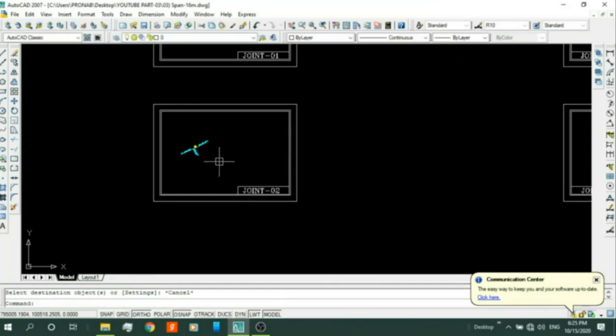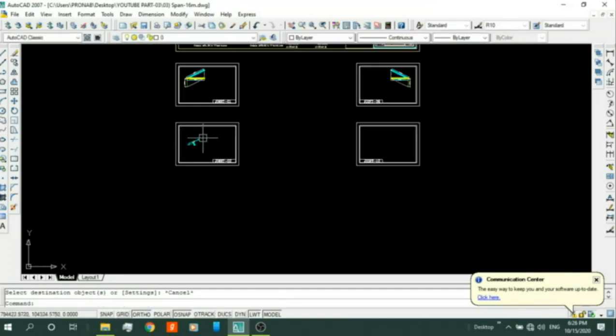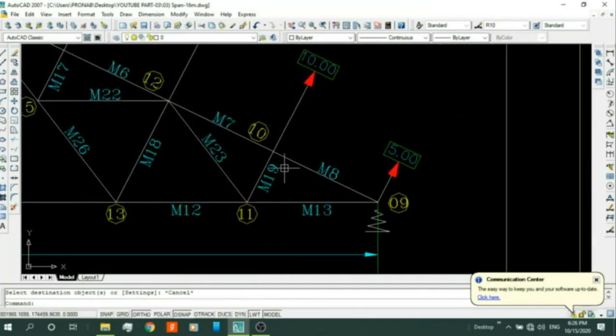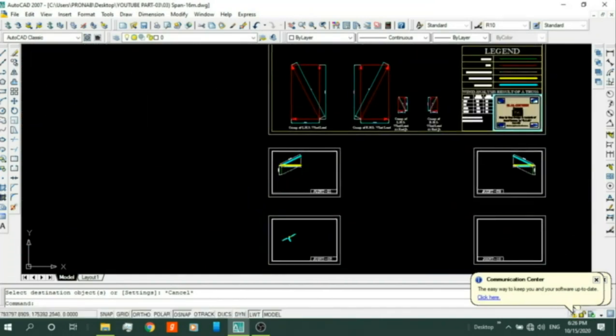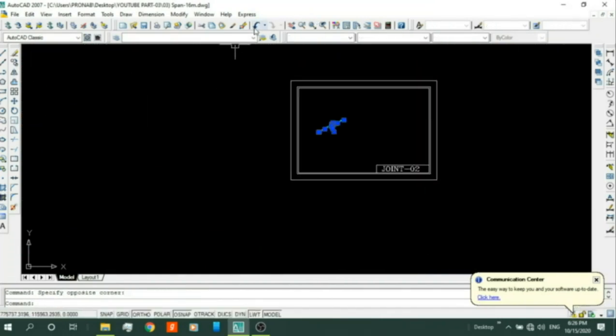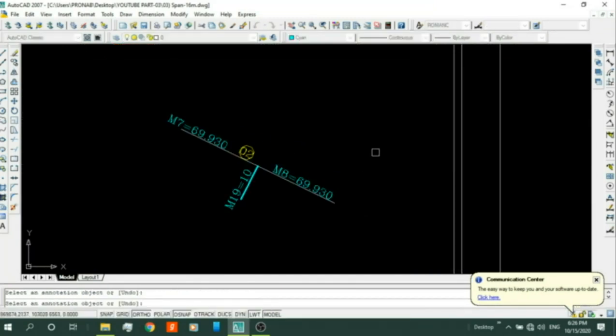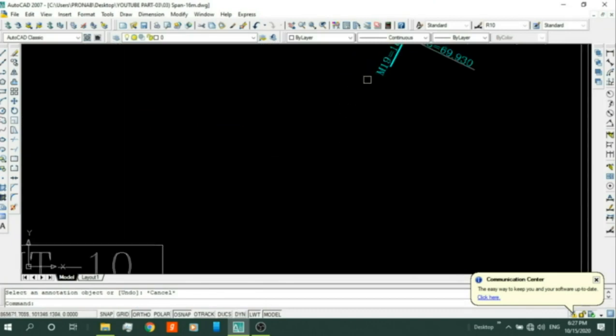Similarly, for joint 10, M19 is equal to 10 kilonewton, and these are the tension members.